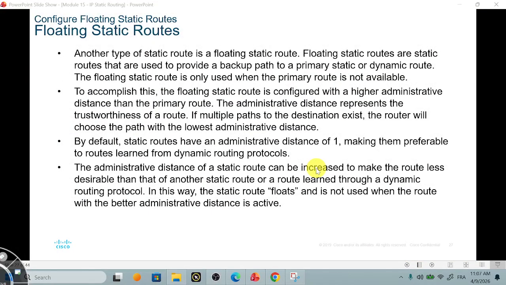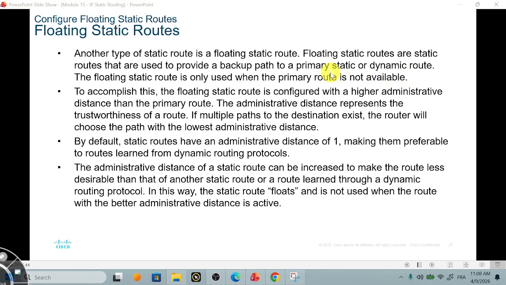Okay, another type of static route is a floating static route. Floating static routes are static routes that are used to provide a backup path to a primary static or dynamic route. So they serve as backup. The floating static route is only used when the primary route is not available.